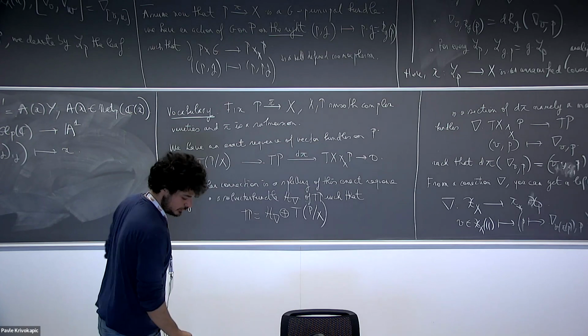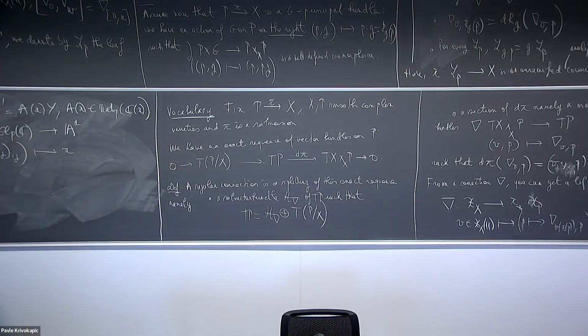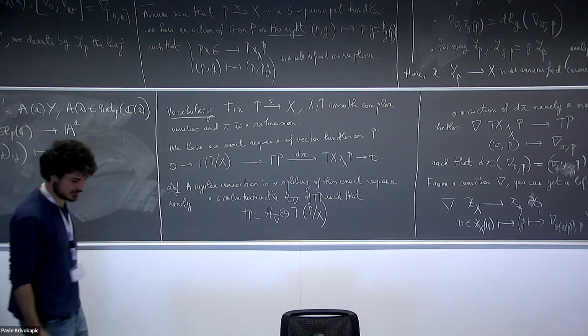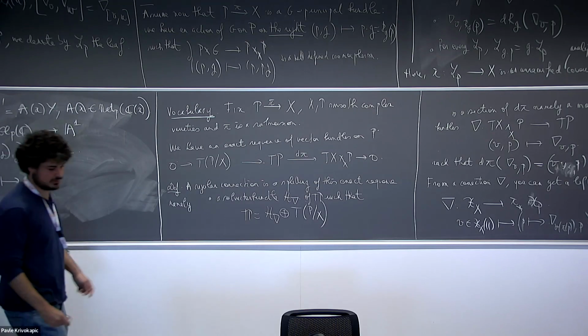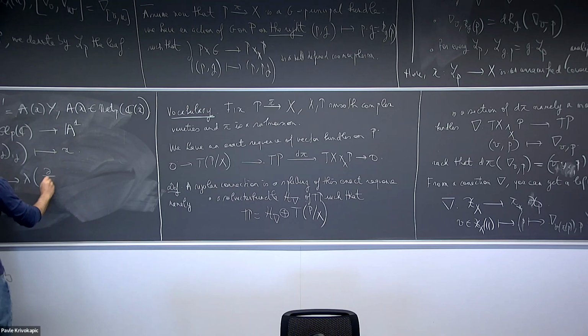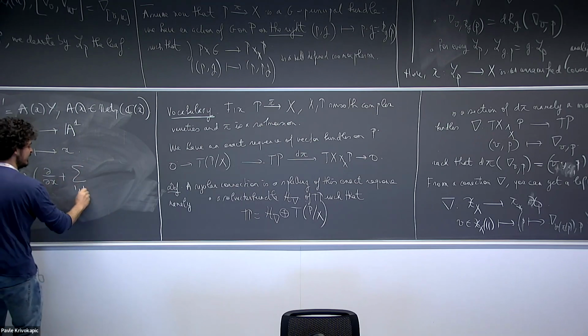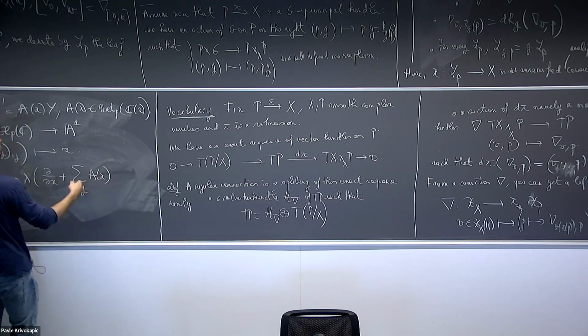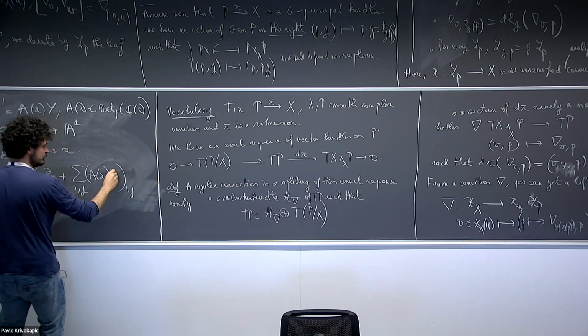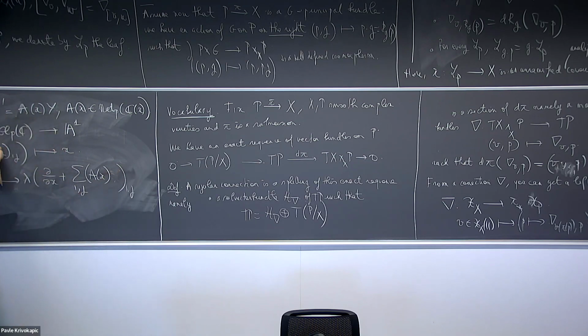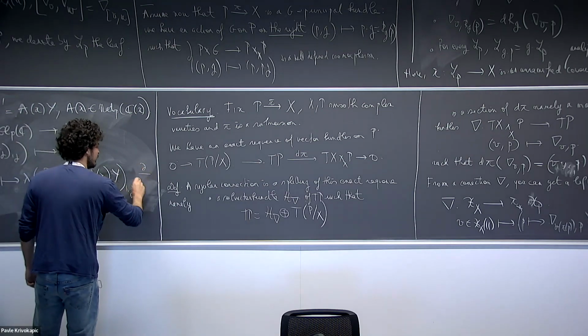This is a principal bundle by definition, with the action on the right, and the connection is given by delta. If you take the vector lambda d/dx at the point x, you send it to lambda d/dx plus the sum over the entries of the matrix A(x) applied at the point Y, let me denote it by big Y, and you do d/dY.